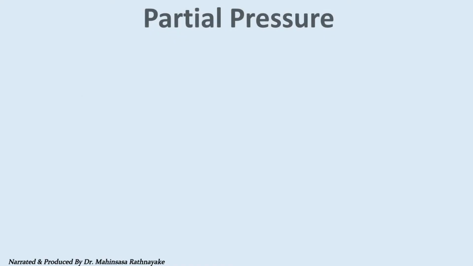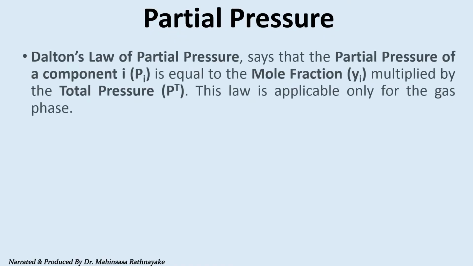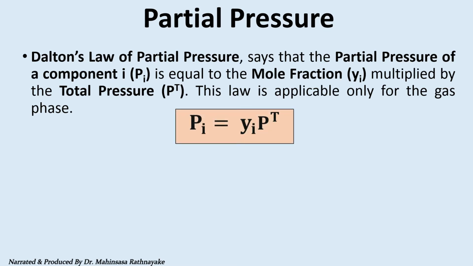For a multi-component system with gas or vapor phase, we can apply Dalton's law of partial pressure. That is, the partial pressure of component i is equal to the mole fraction multiplied by the total pressure. This law is applicable only for the gas phase.